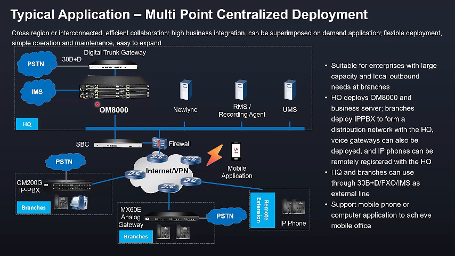In the headquarters, they deploy our OM8000 as well as the trunking gateway, and of course the Newlink and the server for the RMS and the UMS. Here again, we also support mobile application. You can use our Newlink as well. That is very good with regards to a centralized deployment application.